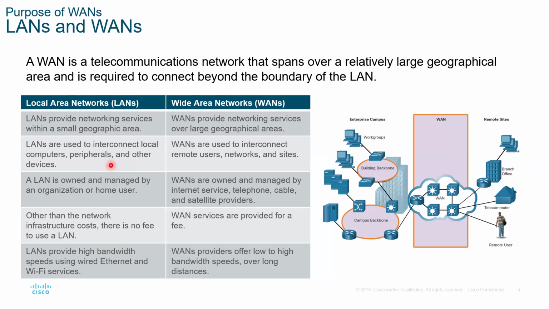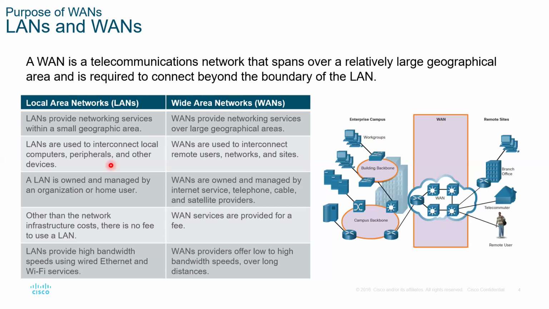A WAN is mostly owned by service providers. Other than the network infrastructure cost, there is no fee to use the LAN. WAN services are provided for a fee. Why? Because of the infrastructure, because of the cost of setting up that wide area network. That's why there is a cost of using a wide area network.